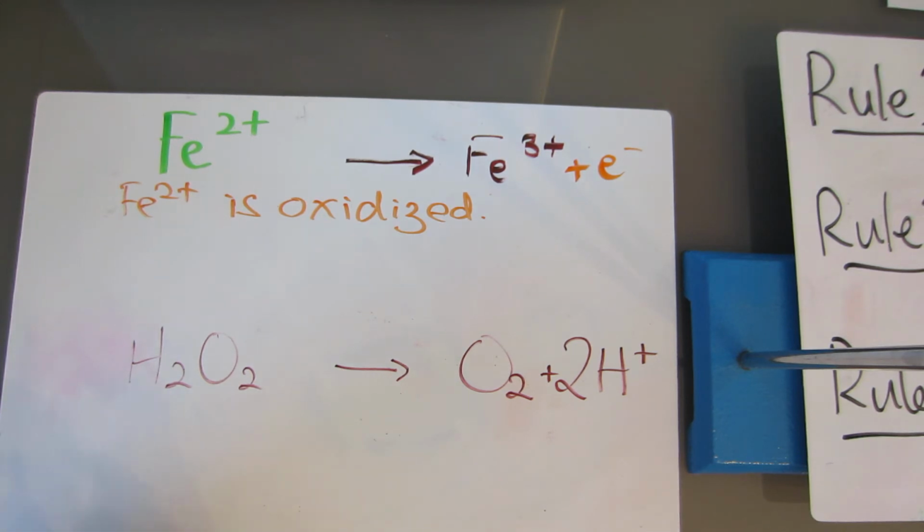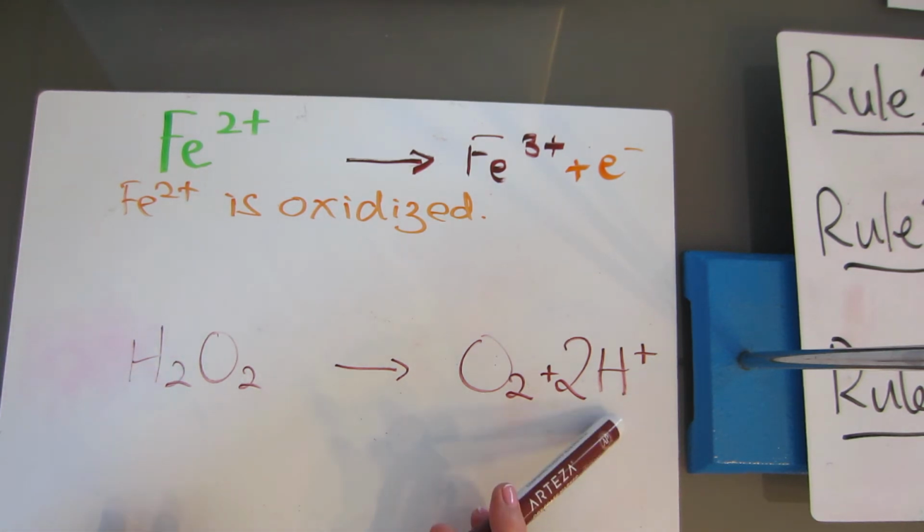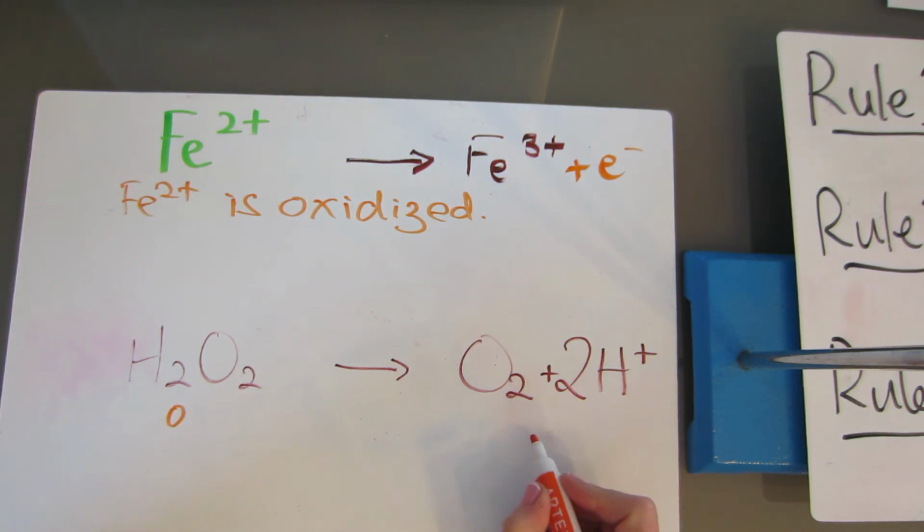So what else is going on now? I need to do rule number 3. You always use rule number 3 because these are redox half equations. Every half equation must have electrons on one side or the other. So let's have a look. Which is the more positive side? Well, on this side I've got a molecule, no charge. On this side I've got a charge of 2 plus.